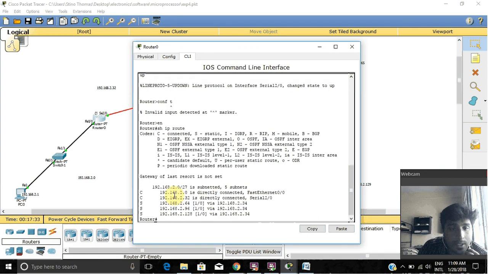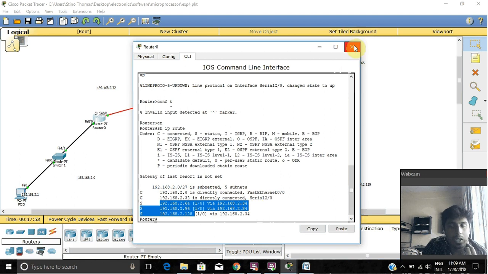See, we could see that 2.0 is directly connected with 32, and the other 3 networks are connected via the router 2.34. So this has happened after we have given the statement. I have already done that.